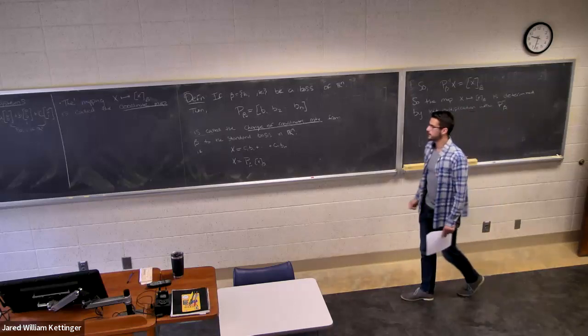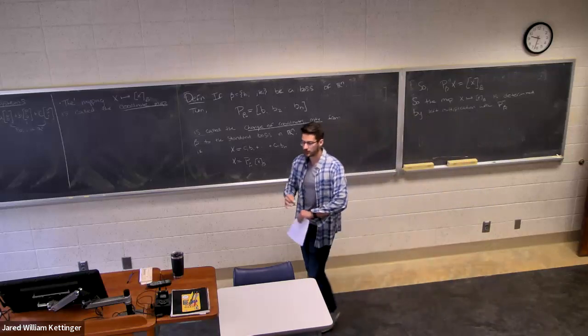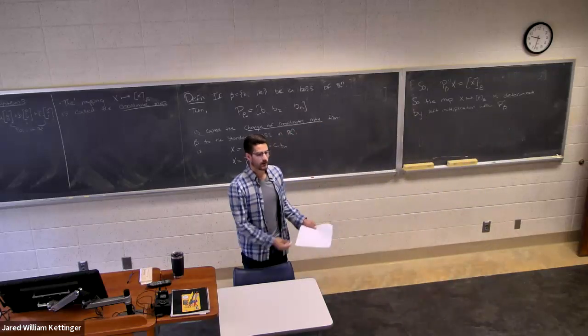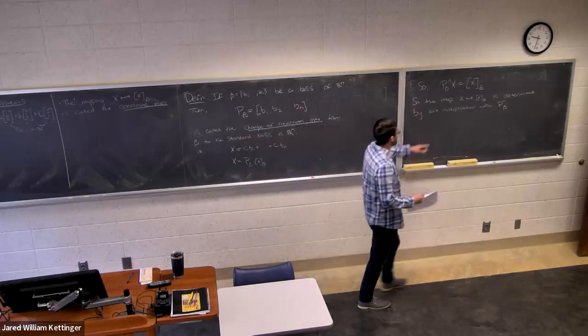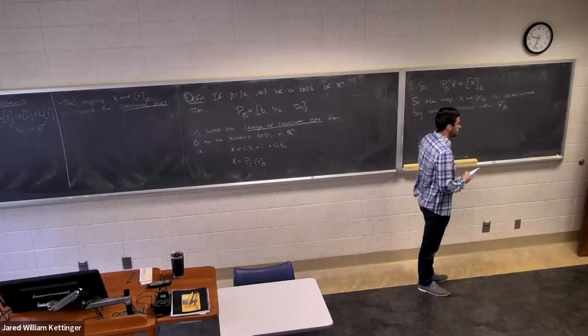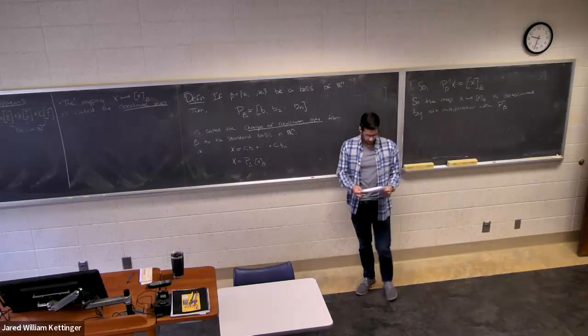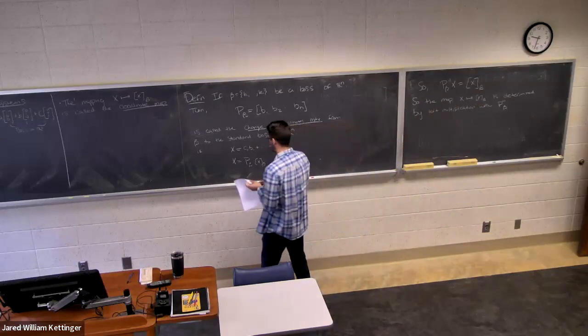So we wanted a way to take any given x in any abstract vector space and write it as a set of coordinates, write it as a vector in Rn, and now we have a way to do that. We want to see why that is especially nice.